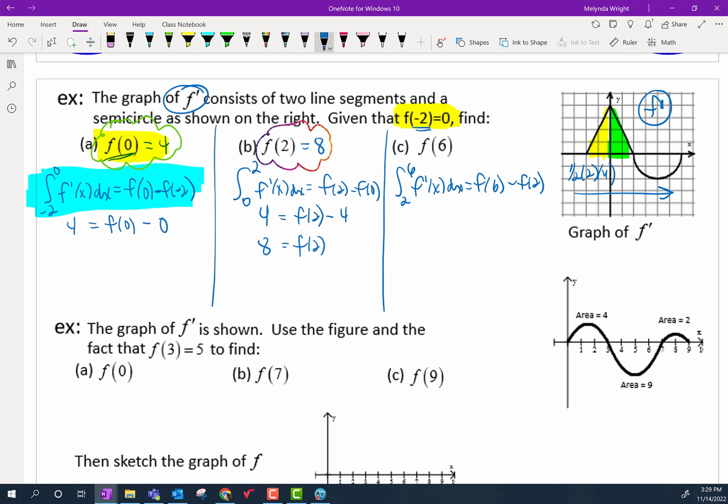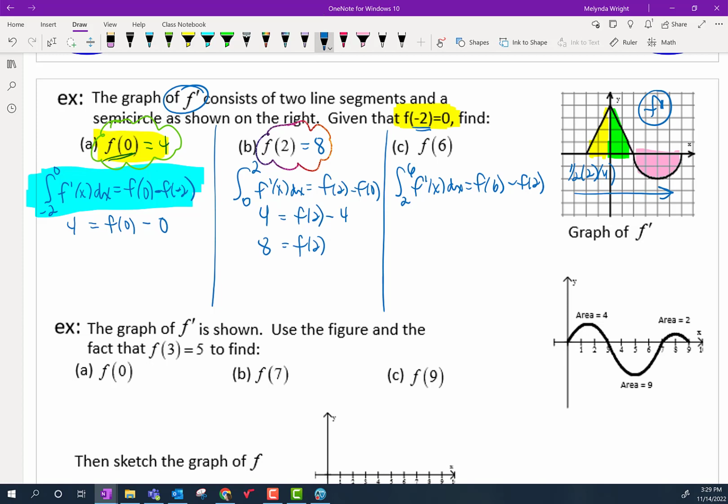So we go over here to our graph. We're going to go from 2 to 6. That's this part right here. Since we're integrating forward, that has a negative. That area has a negative sign.